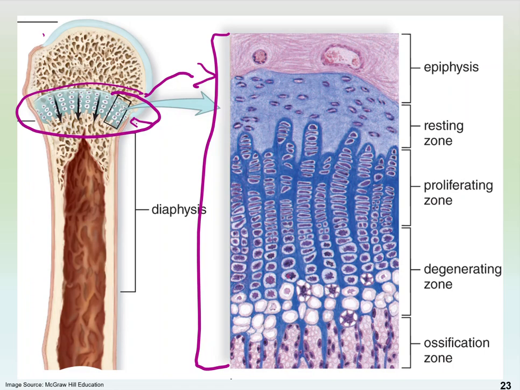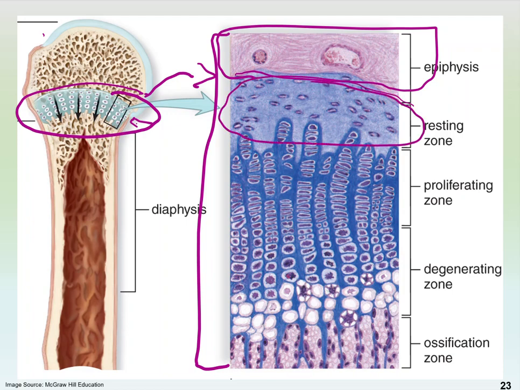Okay. So you can see here, this is epiphysis made of spongy bone. Here's where you have the cartilage cells in that growth plate, and they're called the resting zone. When you're going to lengthen the bone, you're going to make new cartilage cells, and those cartilage cells are going to start to grow, and that is called your proliferating zone. As they start to grow, they head towards the diaphysis, away from the epiphysis towards the diaphysis always.